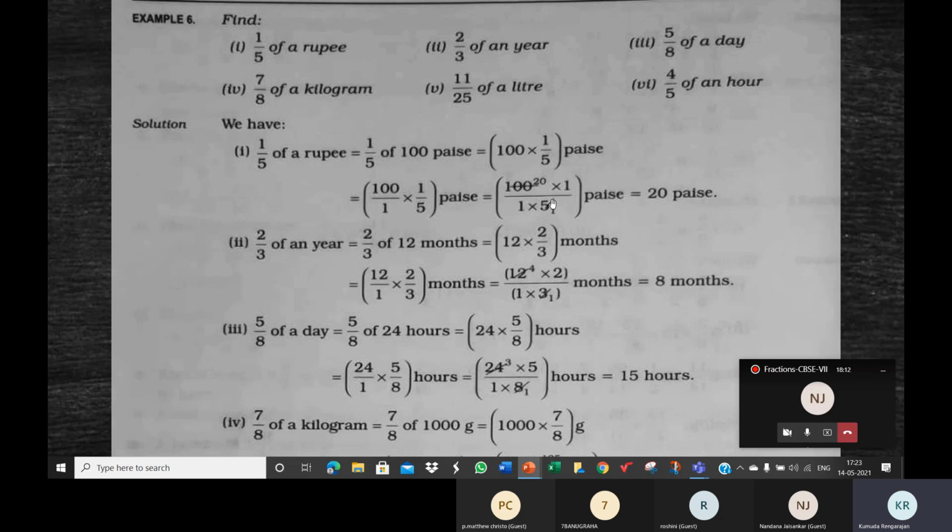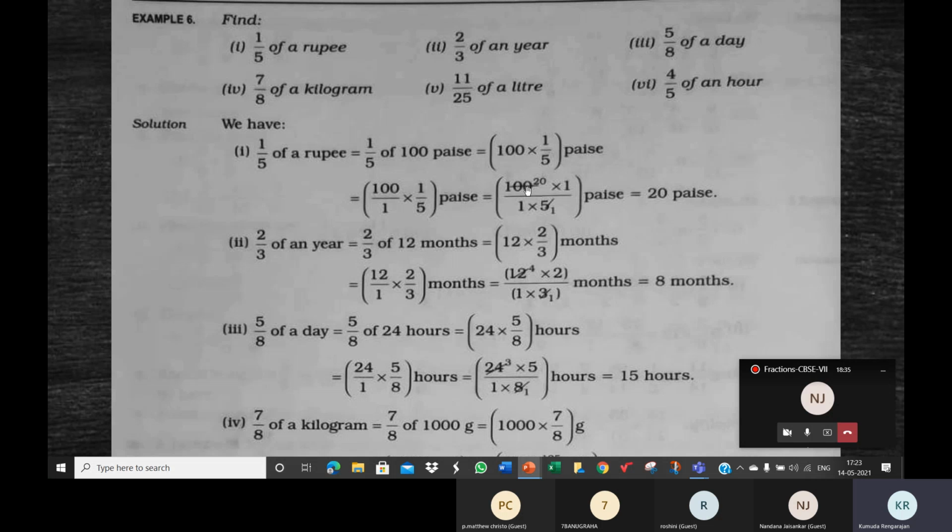So see here, we can take 5 from the denominator and 100 from the numerator. Both of them are divisible by 5. We are dividing 5 and 100 by 5 because both are divisible by 5.